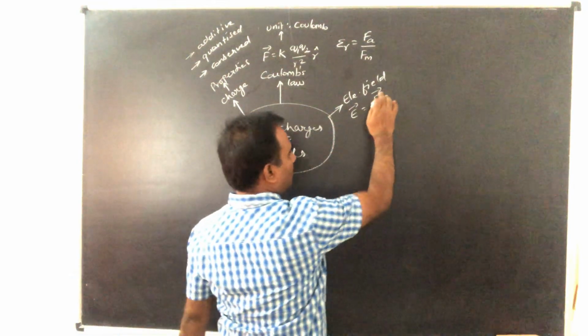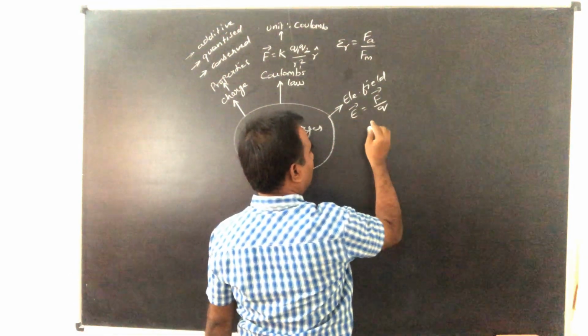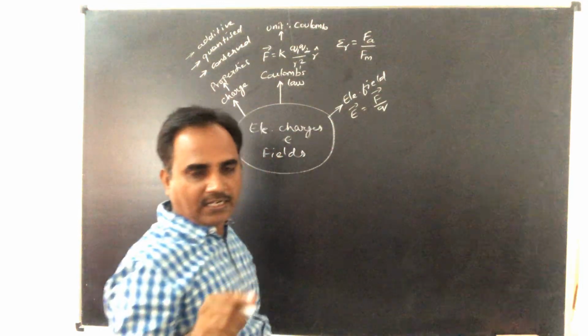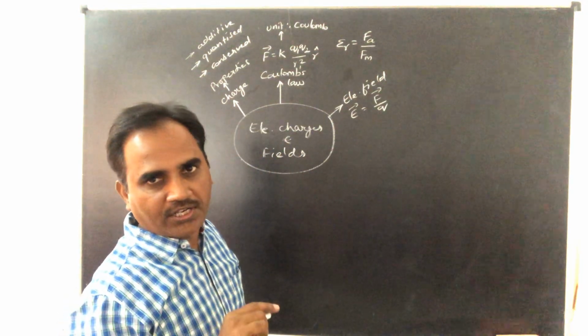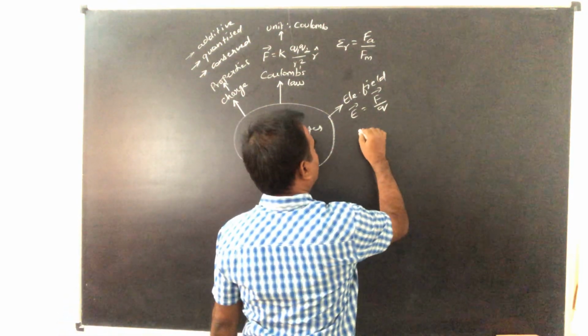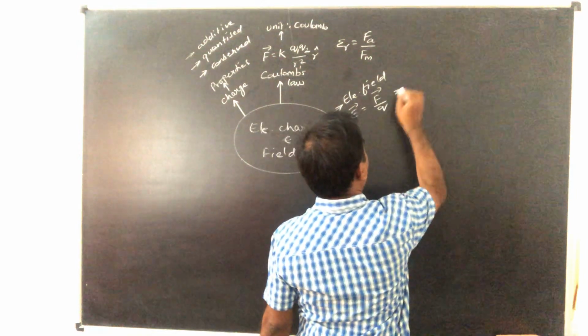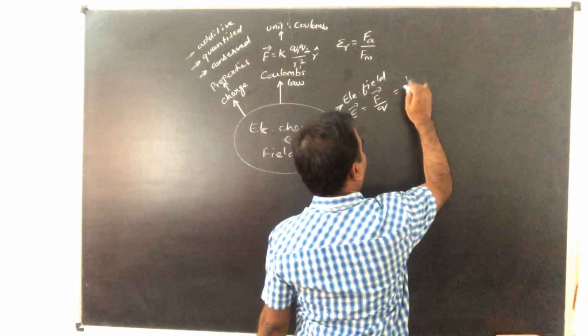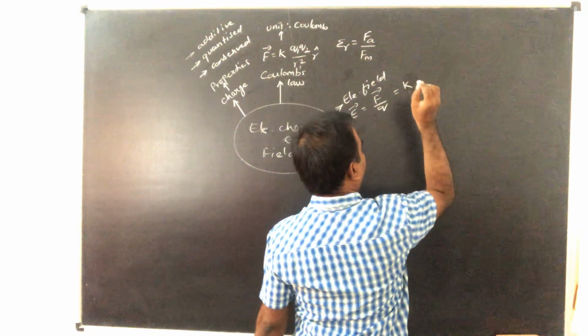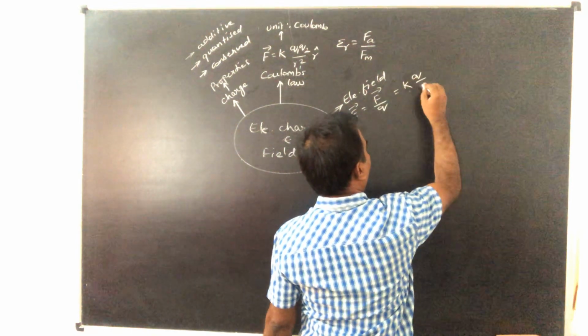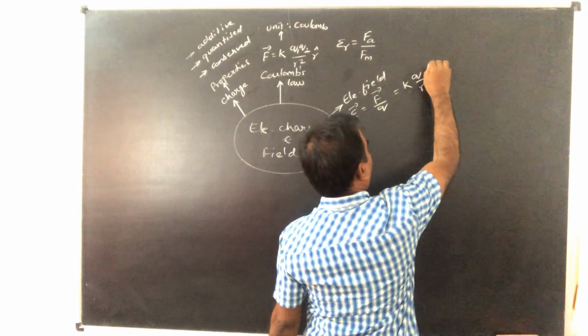By using this statement of electric field, you obtain the electric field at a point due to a point charge. So this E is given by 1 by 4 pi epsilon naught Q divided by R square.